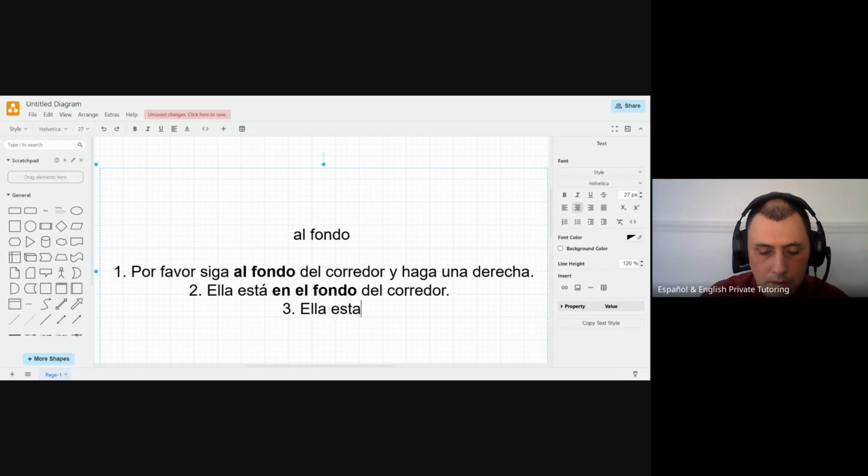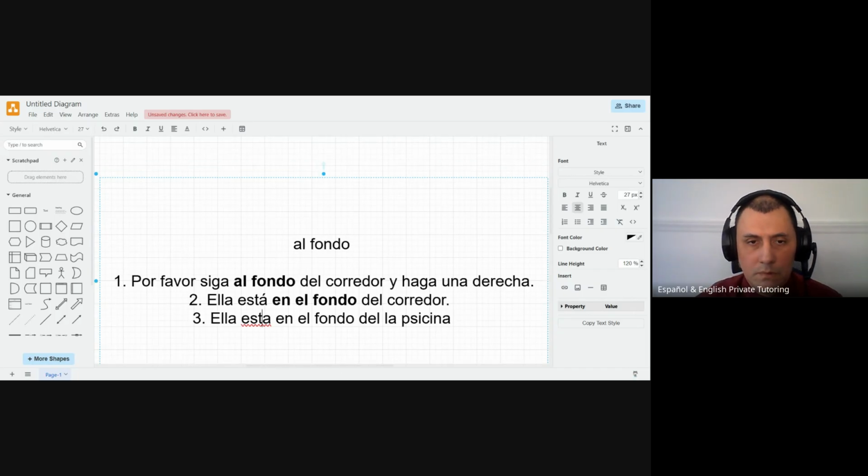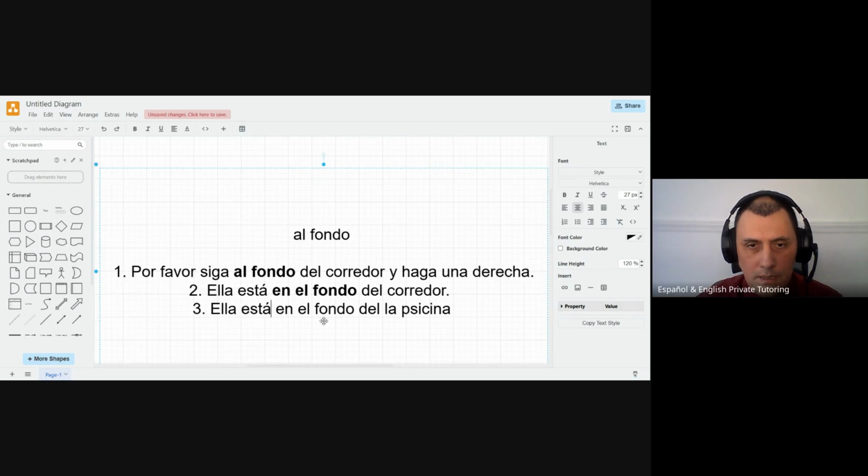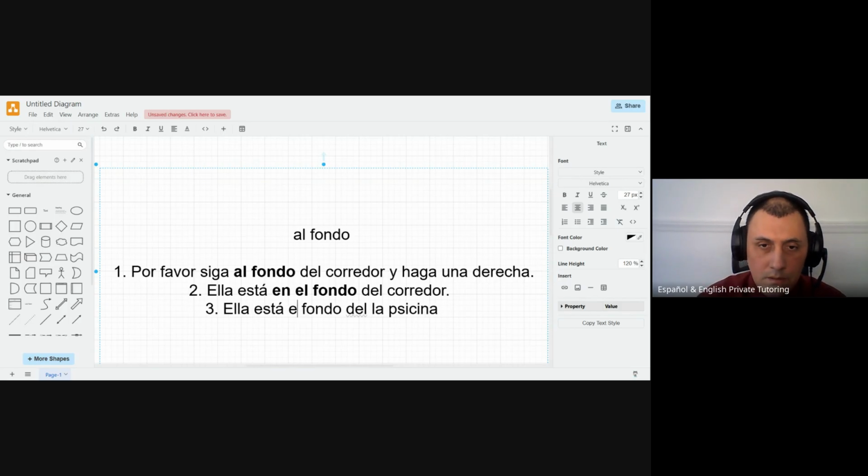Ella está en el fondo de la piscina. Está al fondo de la piscina.